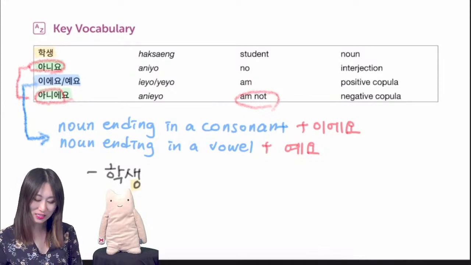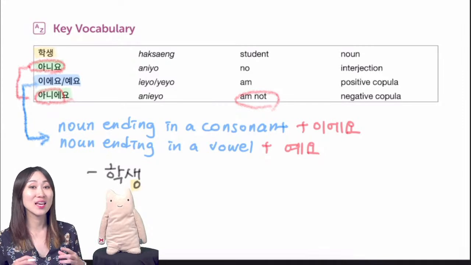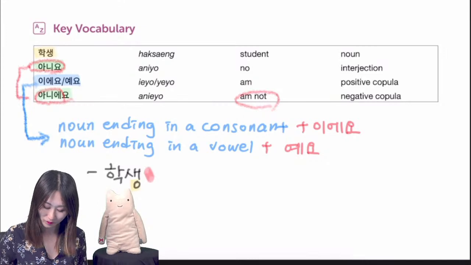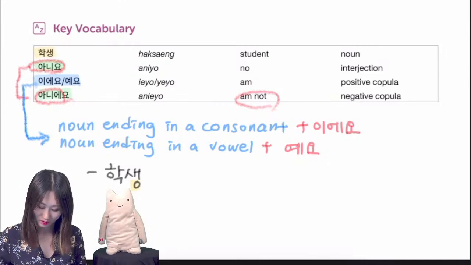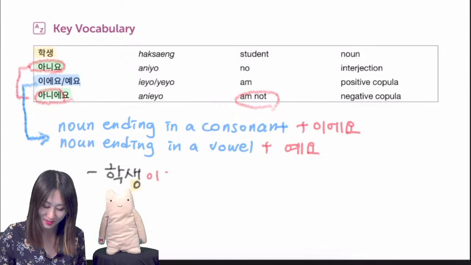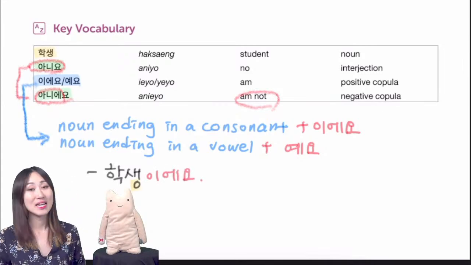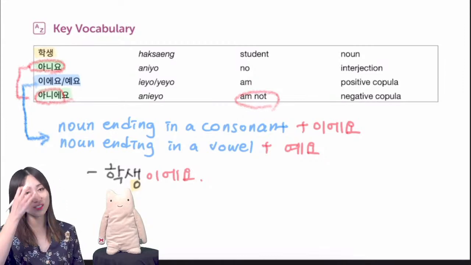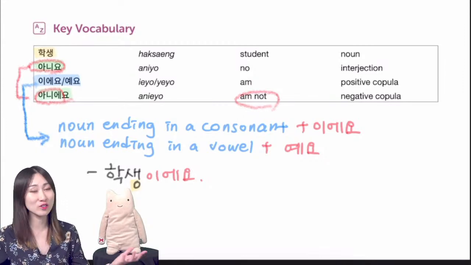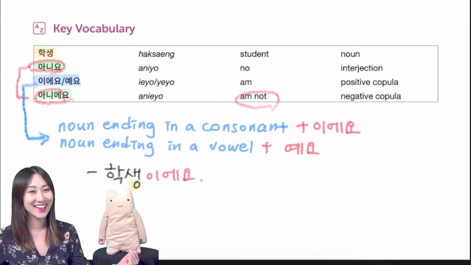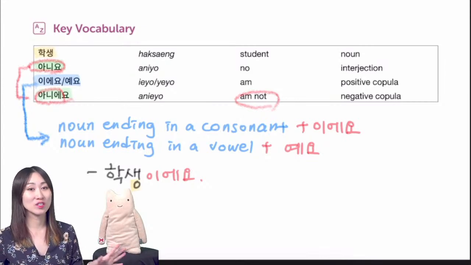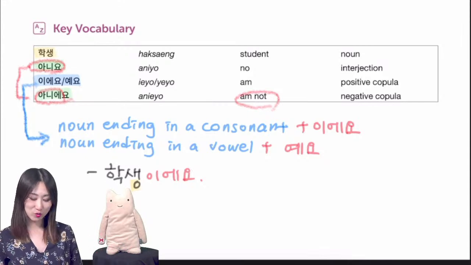So since the noun 학생 ends with a consonant, we use 이에요, as in 학생이에요. It means it's a student. She's a student. He's a student. I'm a student. You are students. We are students. They are students. We don't put a subject, so it can be anything. But in the context, you know what it means. 학생이에요 means I'm a student.